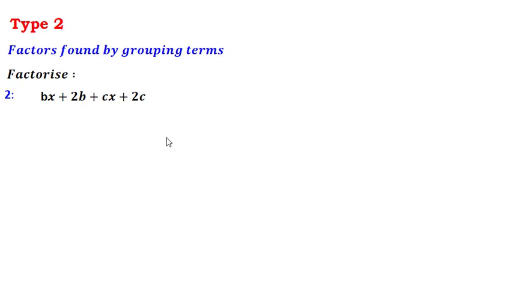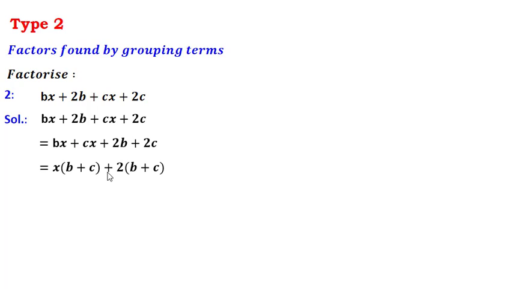So either I take b common from here and c common here, or I will again rearrange these terms as bx + cx + 2b + 2c. Then I take x common from here and I get (b + c), and I take 2 common from here and I get (b + c). So anyway you can take the common terms. Now (b + c) is common, so I will write (b + c)(x + 2).